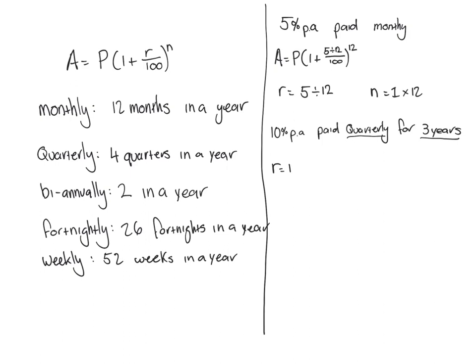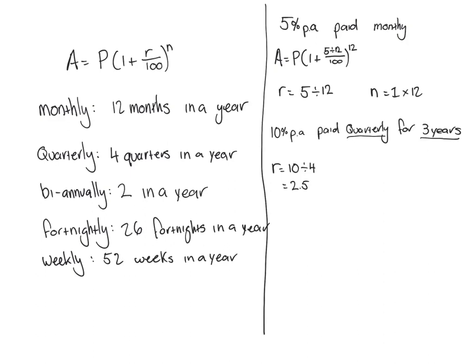So we need to get our interest rate and divide it into 4 parts. Now this turns nicely into 2.5, but if you get an interest rate that turns into a decimal that keeps going, my tip would be leave it as a little dividing problem or a fraction. That way you'll be more accurate.